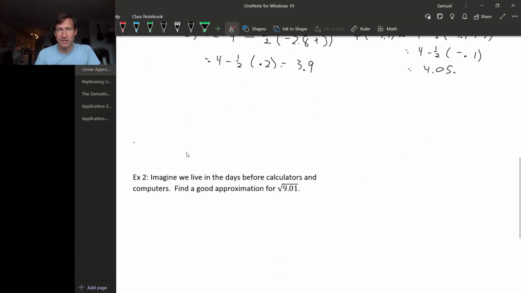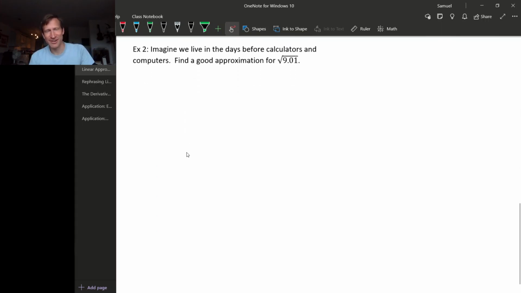All right, let's look at one other example, something that's a little more applied. Suppose that we live in the age before computers or calculators, and suppose we want to find a good approximation for the square root of 9.01 without doing a ton of work. Well, we're talking about the square root function here, so let's call it f of x.